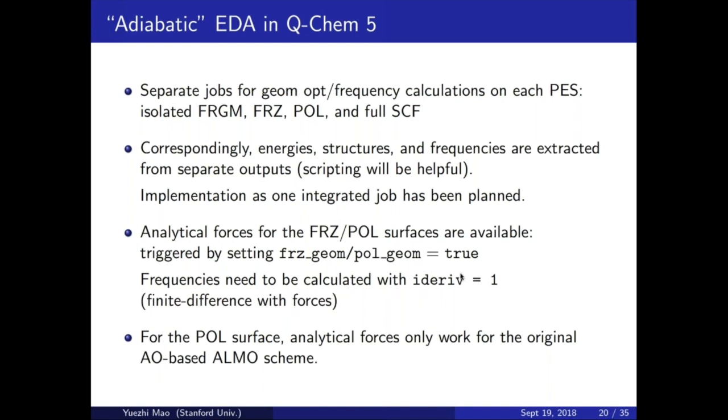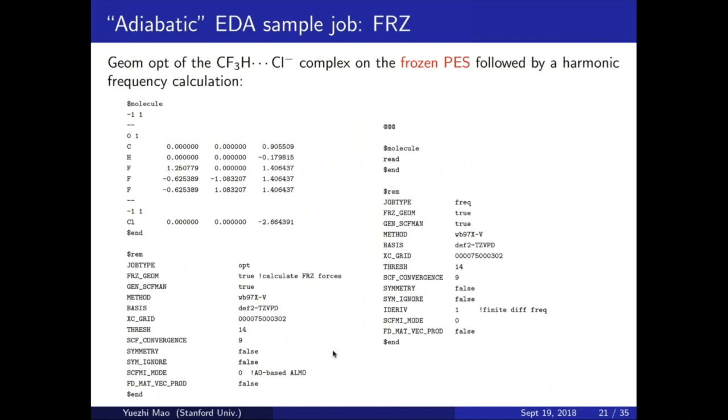So we need this IDERIV 1 for frequency calculation with finite difference. And also for the polarized surface, the analytical forces only work for the original AO-based ALMO scheme, and the forces for the first model are not available yet. And yes, these are some limitations of the current implementation status.